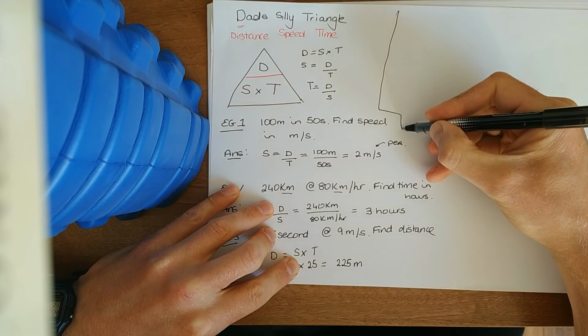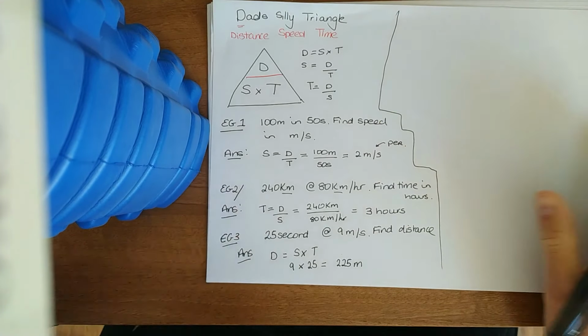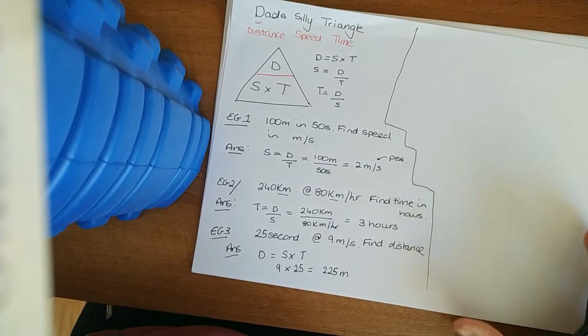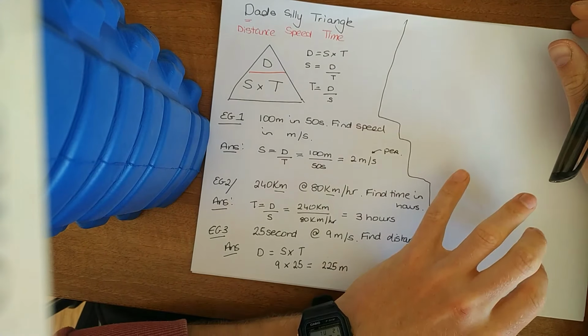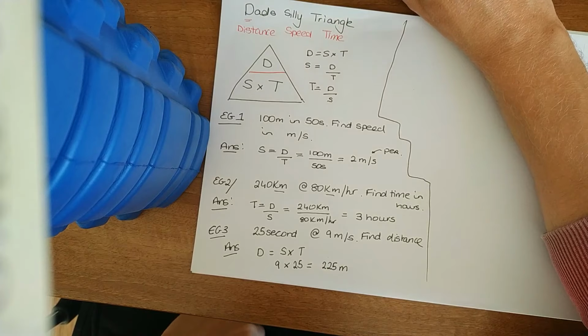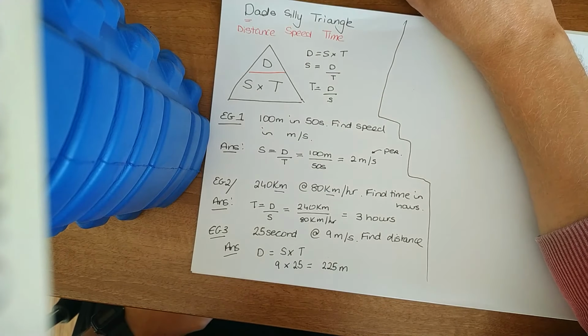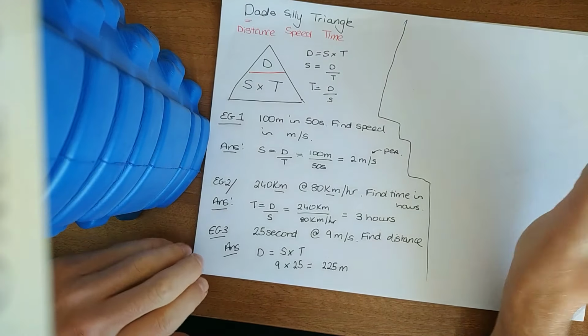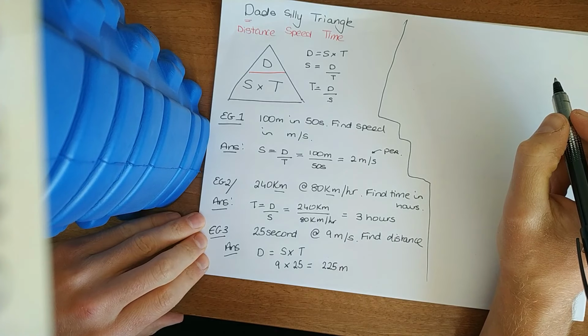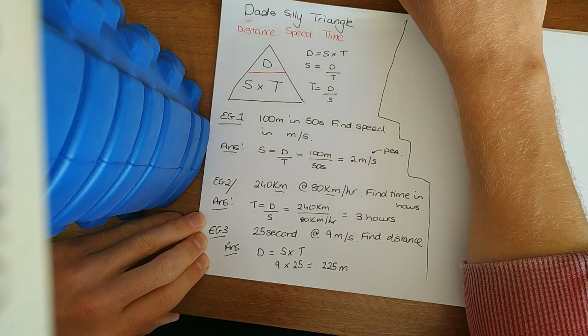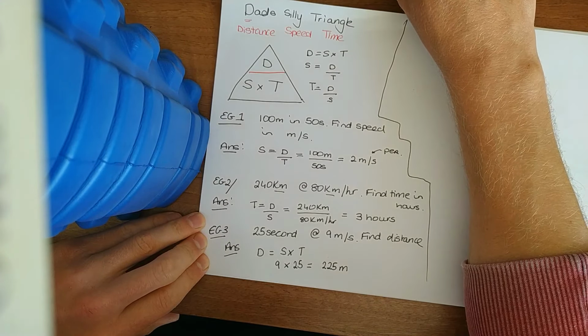Now they're all relatively straightforward. It gets a wee bit more difficult when the units don't really match up. Firstly, we'll have a wee look at an example here in your slides, page 28.